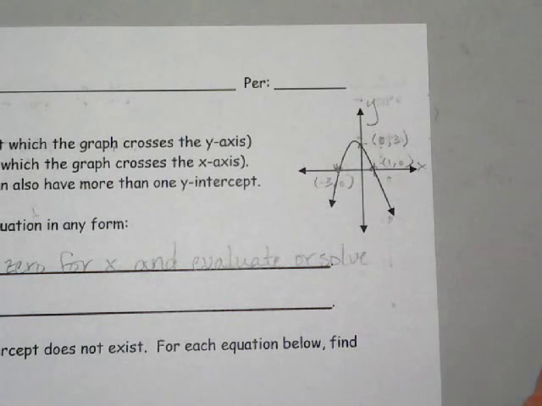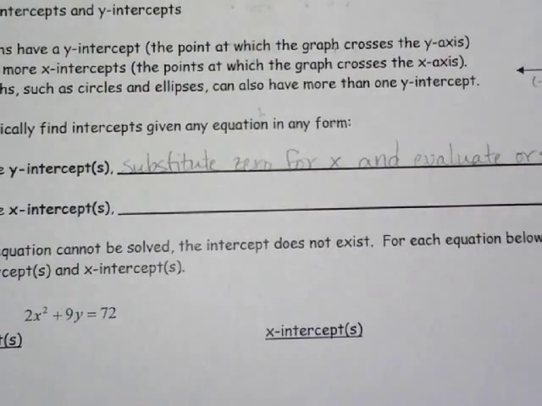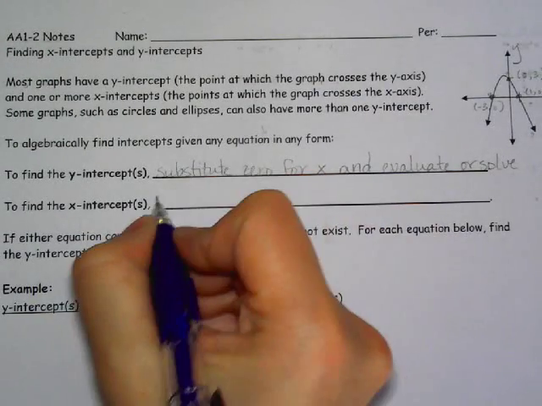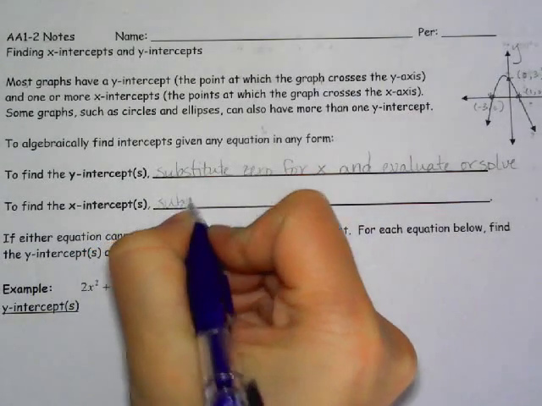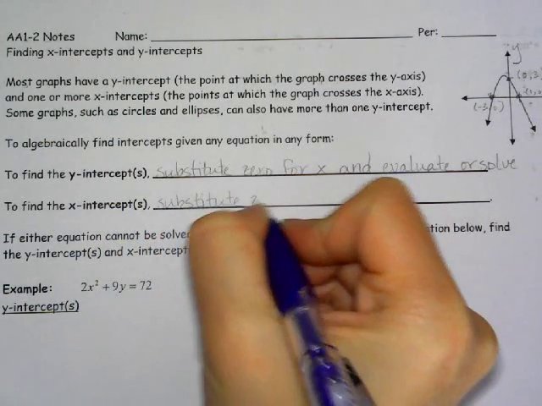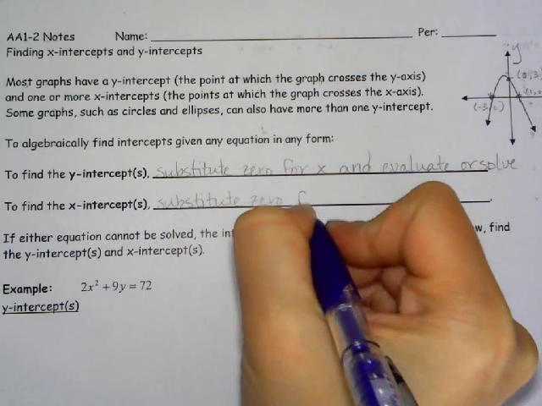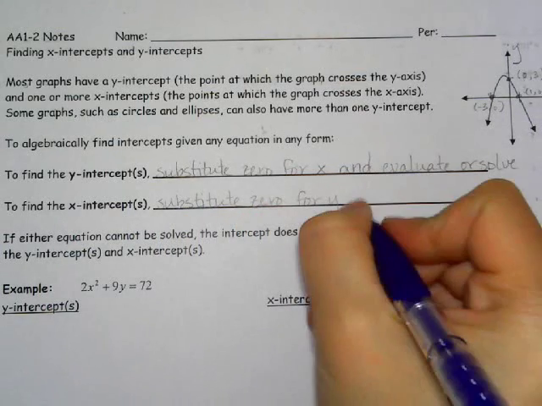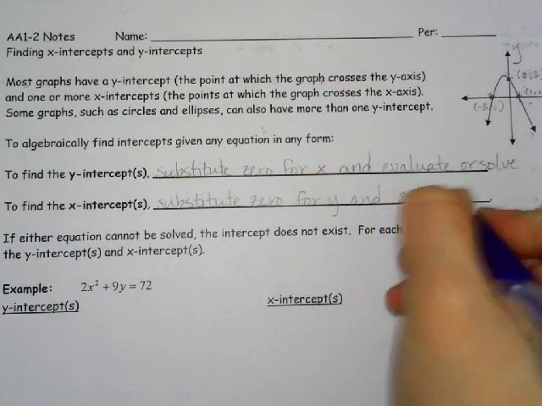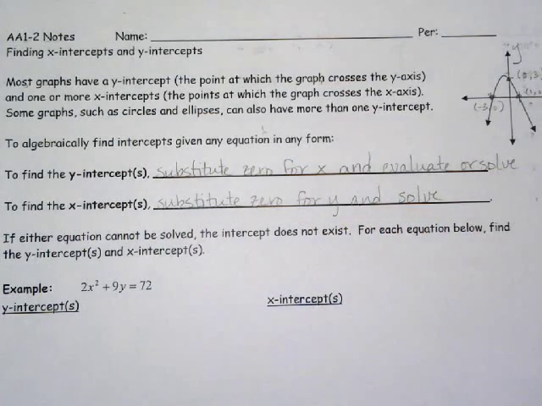So what does y equal at the x-intercept? 0. So, similarly with the x-intercept, we substitute 0 for y, and usually solve. So solve for x.